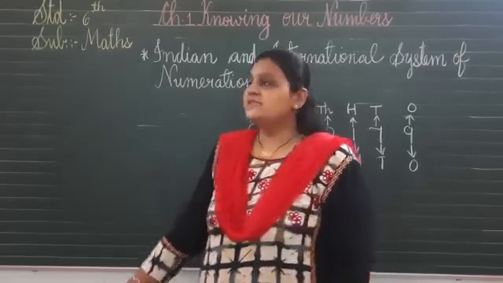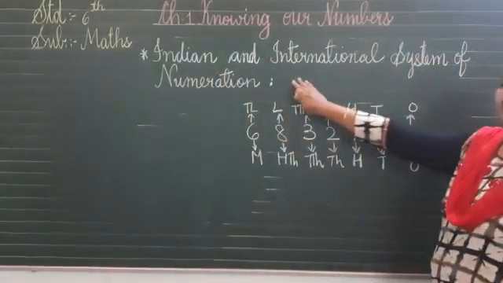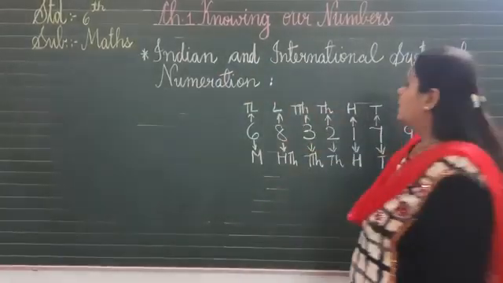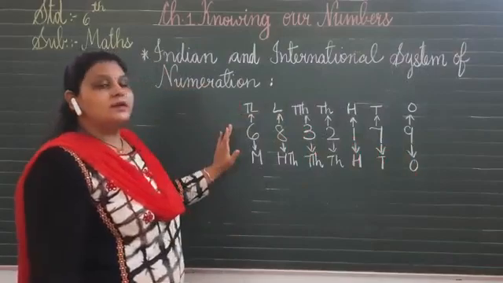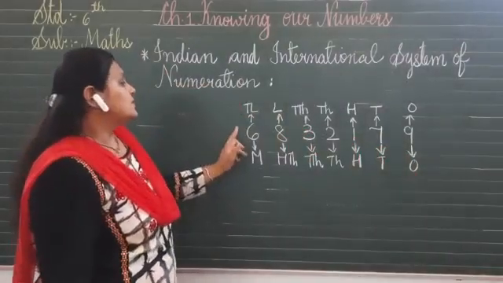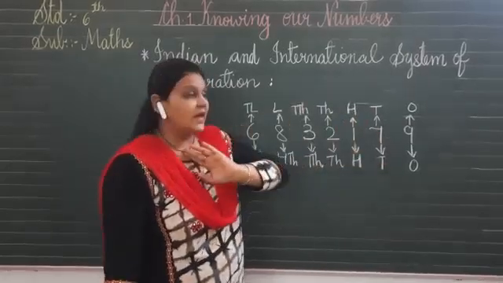Now we will see the Indian and international system of numeration. Here I have taken a 7-digit number: 6, 8, 3, 2, 1, 7 and 9.